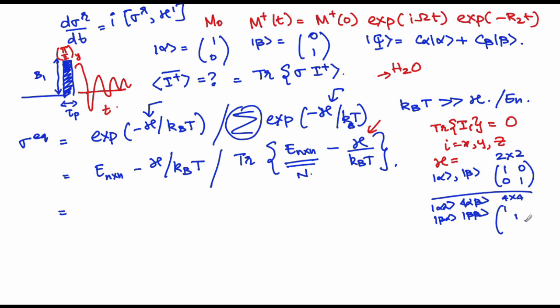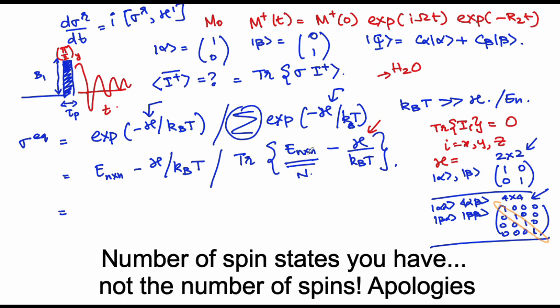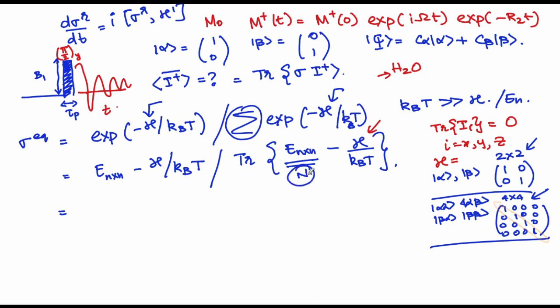So in this case, the identity will be a 4 by 4 matrix of this sort. Depending upon the dimensionality of the system, meaning the number of coupled spins, the trace of the identity matrix is going to be given by the number of states. Let's just call it capital N.